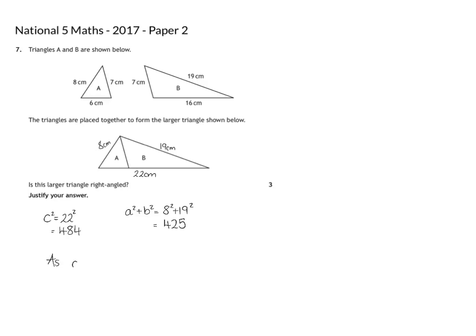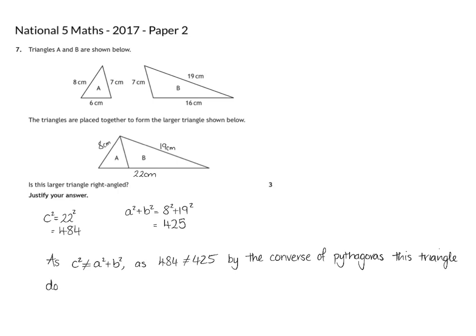As c squared does not equal a squared plus b squared, as 484 does not equal 425, by the converse of Pythagoras, and you need to state that you're using the converse of Pythagoras, this triangle does not have a right angle, or does not contain a right angle.